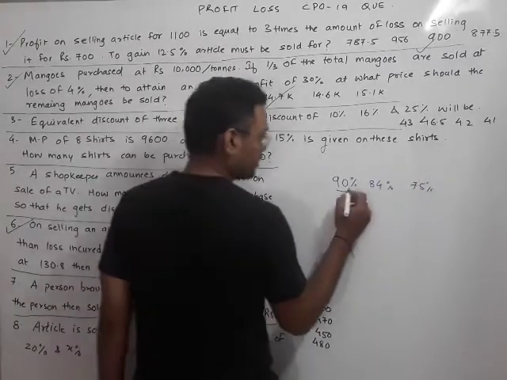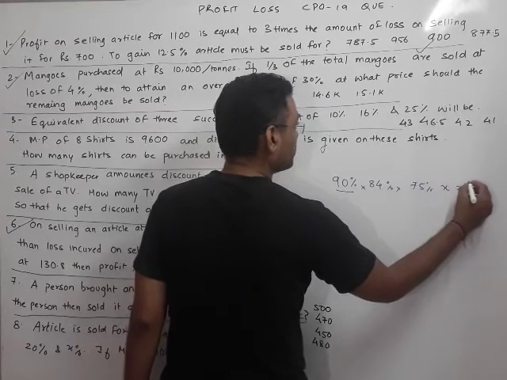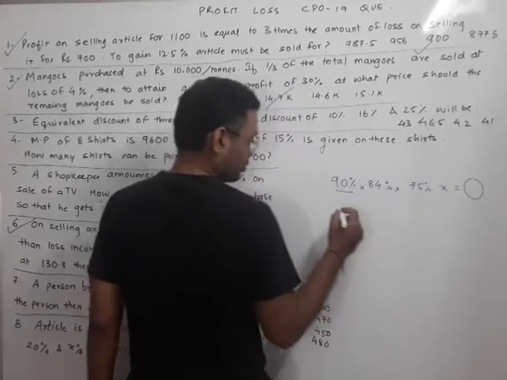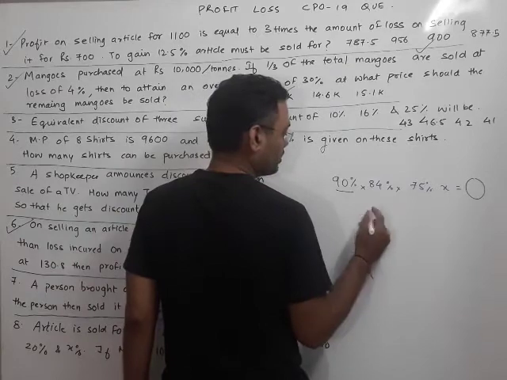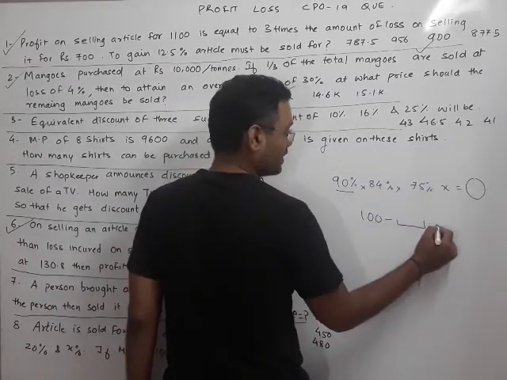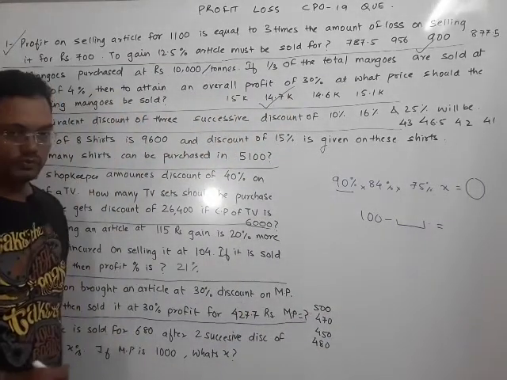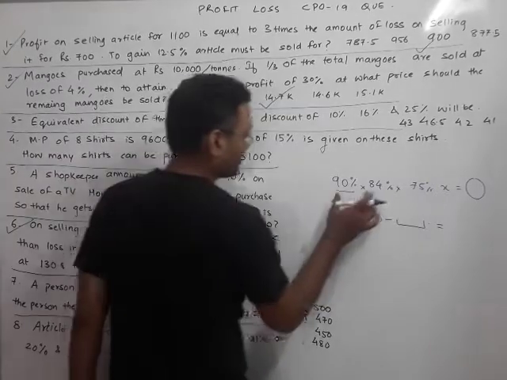So you have to multiply these, and whatever value you get, that has to be subtracted from 100, and this will eat up a good amount of time.